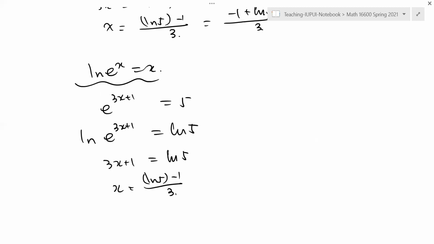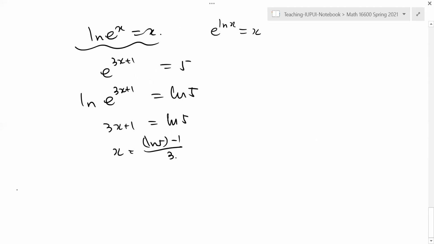Another formula you can use is sometimes this e. For example, natural log of 2x plus 1 equals 2 minus natural log of x.